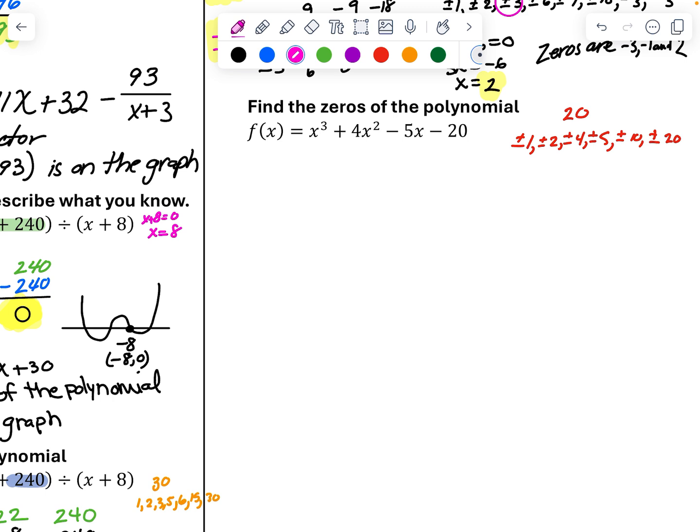So we put in x to the third power plus 4x to the second power minus 5x minus 20. And we look at the table and we notice that it looks like it hits at -4.